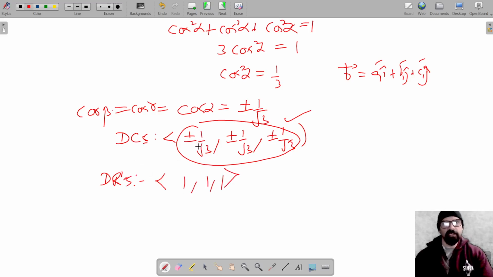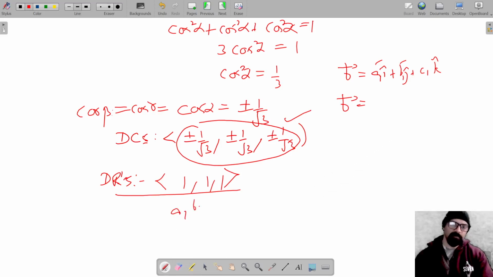If we take the negative sign, we multiply by negative root 3, and we still get the direction ratios 1, 1, 1. So b vector is equal to i cap plus j cap plus k cap.